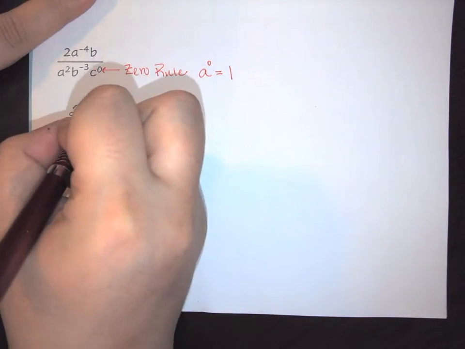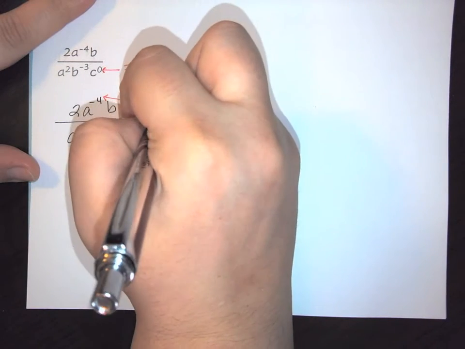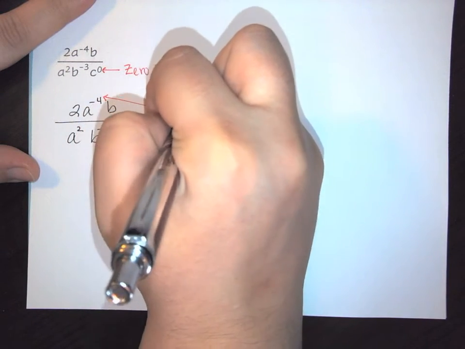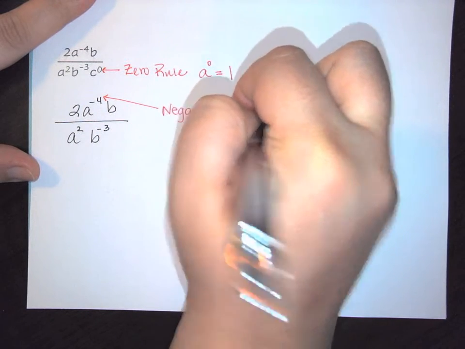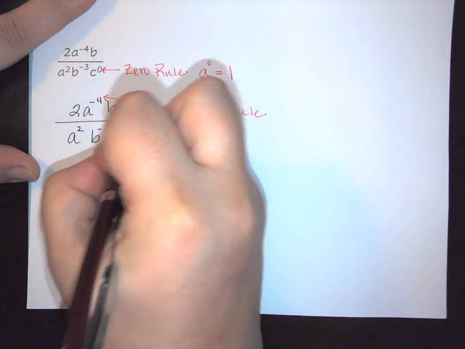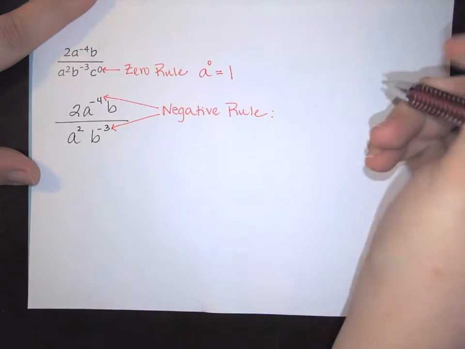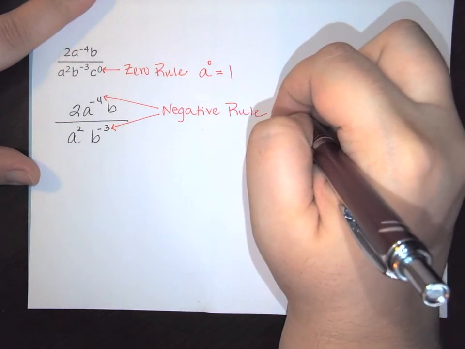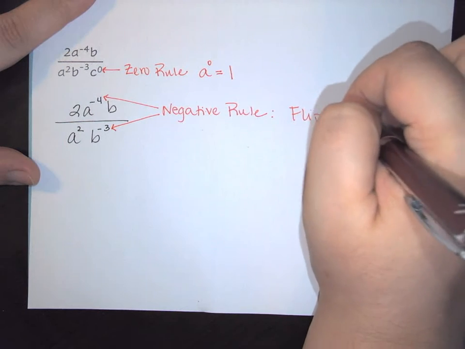Now the next thing that we have is this negative power here, so this is called the negative rule. And same with this negative 3, this is also the negative rule. So the negative rule essentially says that you need to flip it.